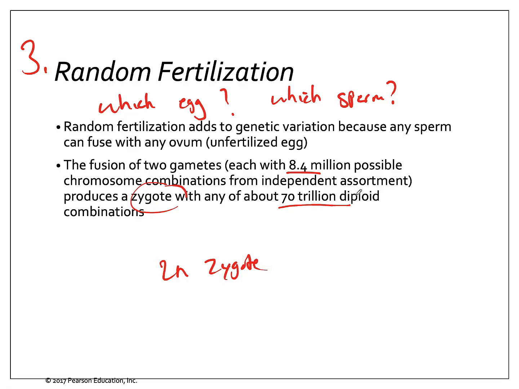So this is why if you have a sibling, you probably still look slightly different from your sibling, because even though it's the same genetic pool of mom and dad, you have 70 trillion different ways to combine those pools to make new individuals. So unless you're an identical twin, you're going to have a different genetic makeup than a sibling.